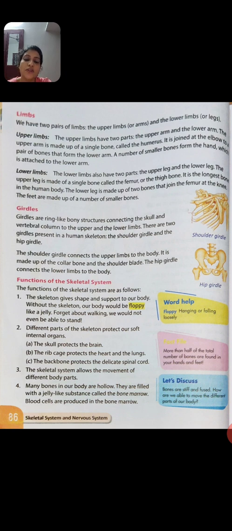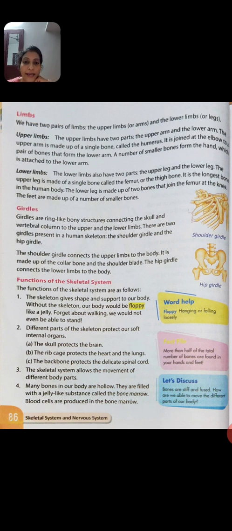The lower limbs also have two parts, the upper leg and the lower leg. The upper leg is made up of a single bone called the femur or the thigh bone. So children, that name also you have to study properly. It is the longest bone in the human body.